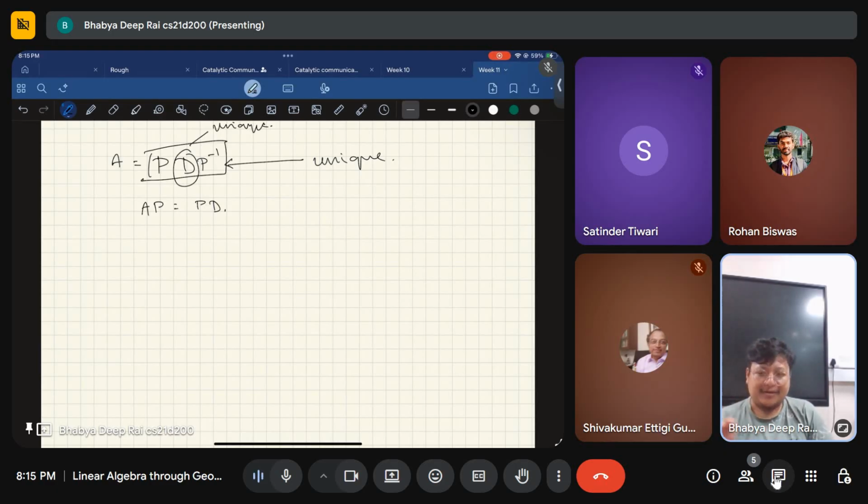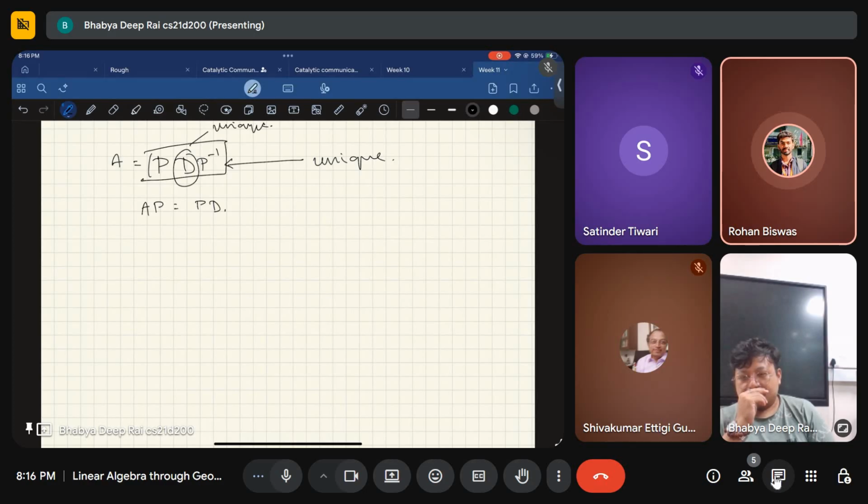Right. Where D is a diagonal and so on. And I give you another diagonalization, where the columns of P are not scalar multiples of the original P that I had. But linear combination of them.